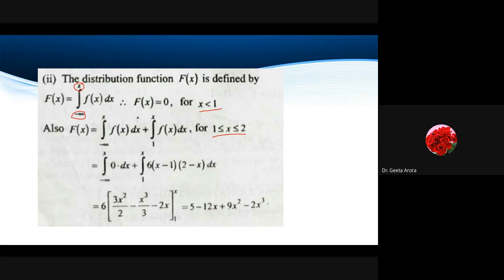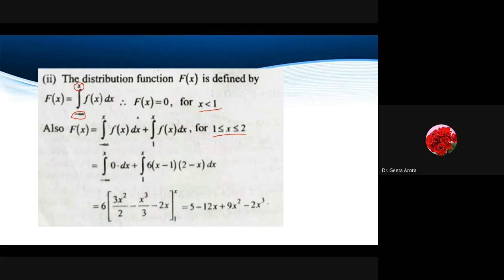This is a snapshot from your textbook, but if I have to write it down, I just have to take the limits. Let me show you. What we normally do is, if we have from minus infinity to x, we write it down as minus infinity to 1, 1 to 2, and then 2 to x.